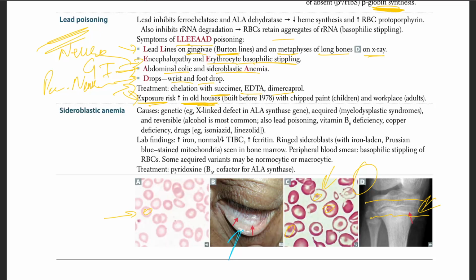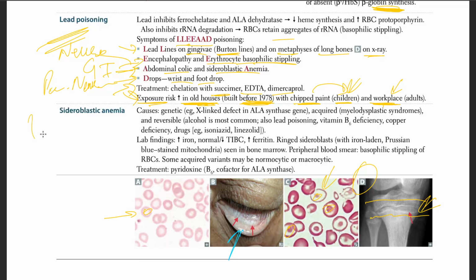If you have an old house built before 1978, wow, they have done their research, with chipped paint. Children eat the chipped paint from the walls, and that is most common in children. But adults get lead poisoning from the workplace. That's also very important: children, chipped paint; adults, workplace.